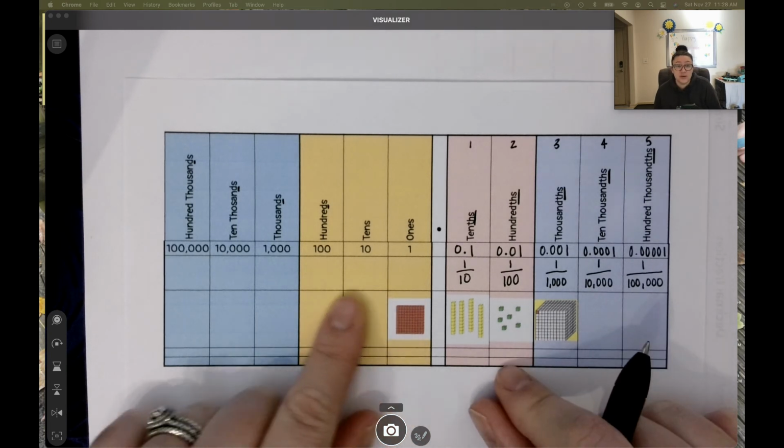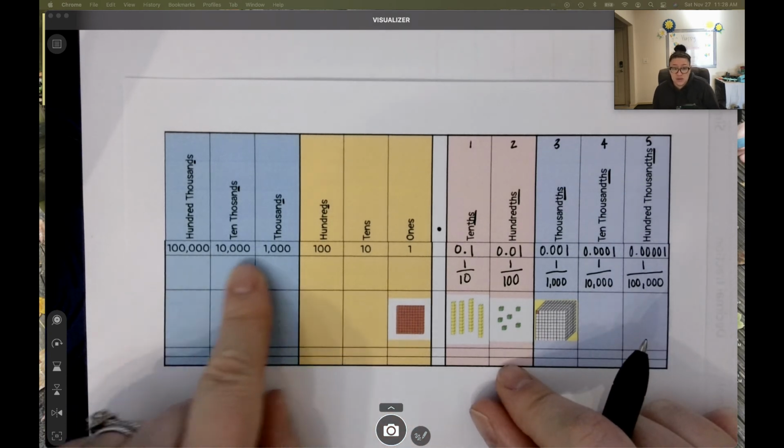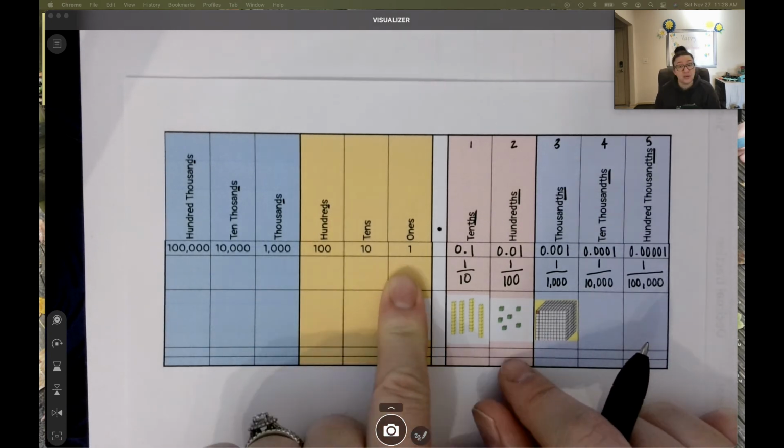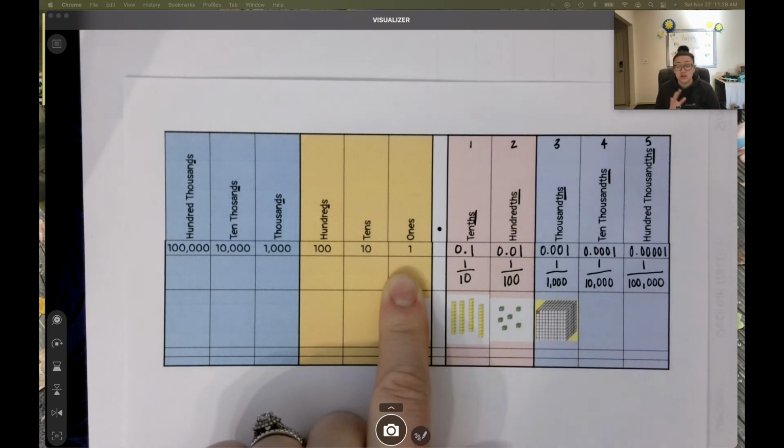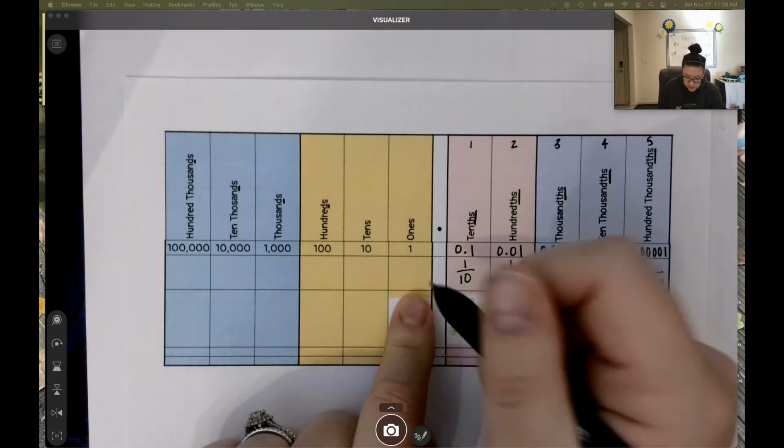And just to review, these whole numbers are normal. But if I want to turn them into a fraction, what number could I put them over top of? 1. To turn any number into a fraction, you put it over 1.